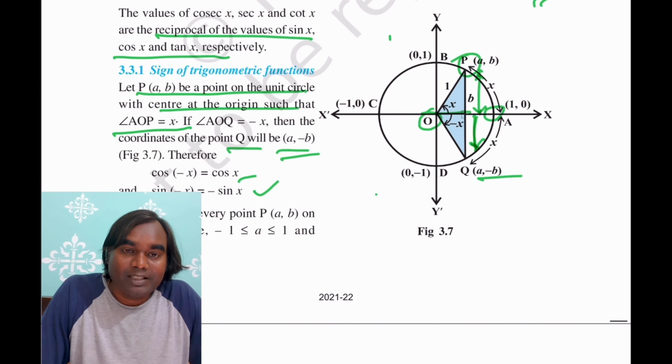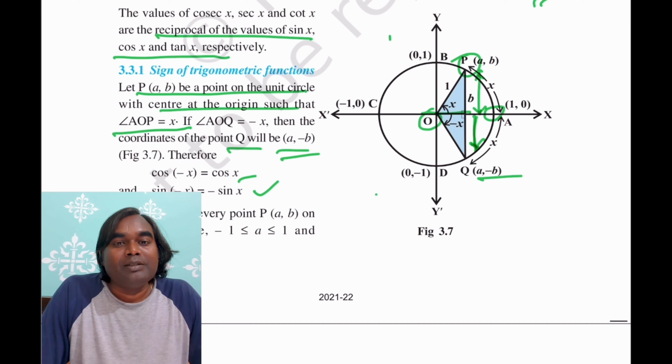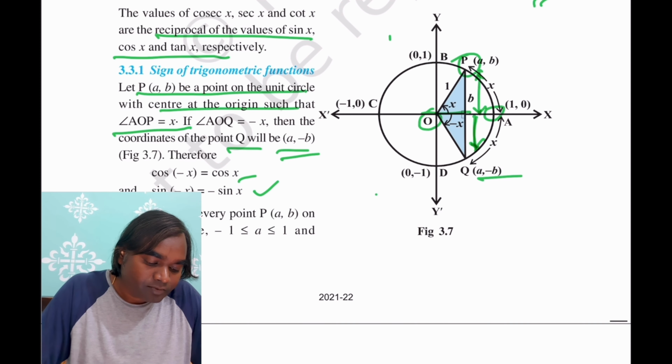Therefore it becomes negative. So we just know that sin of plus theta is equal to sin theta and sin of minus theta is equal to minus sin theta. But how it comes, you can understand this concept in the NCERT textbooks. That is very important. Okay.